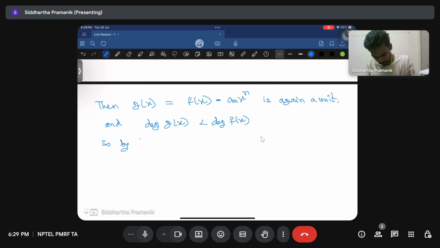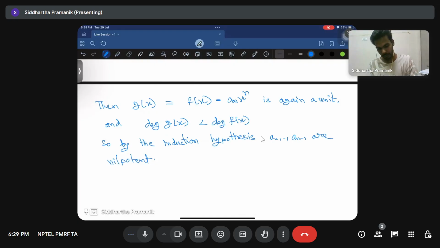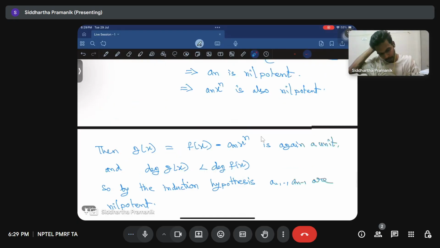So by the induction hypothesis, a1 up to an minus 1 all are nilpotent. So we have already found an is nilpotent.